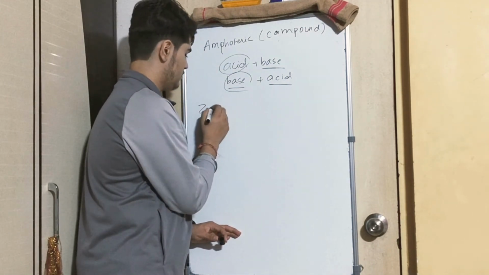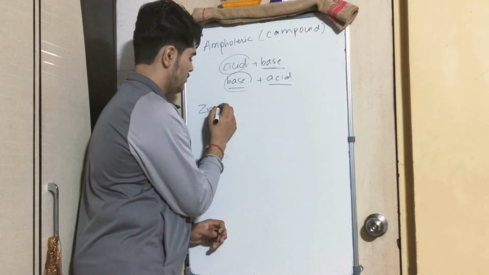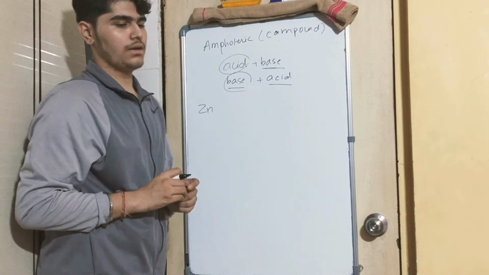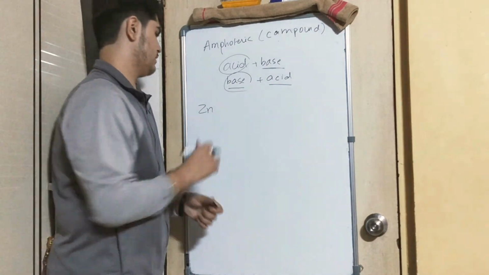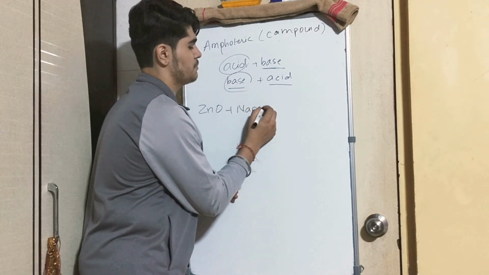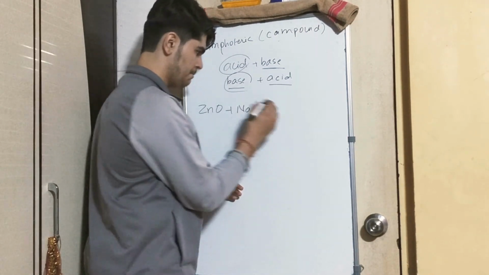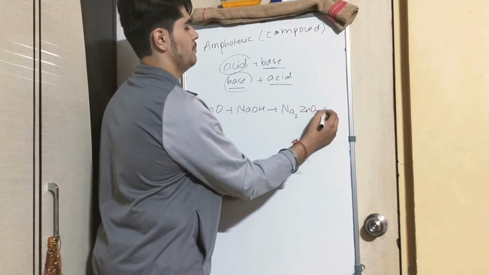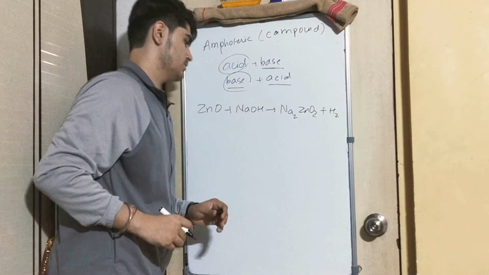An example is the same Zn. You can take oxides or hydroxides. ZnO plus NaOH gives Na2ZnO2 plus H2O.